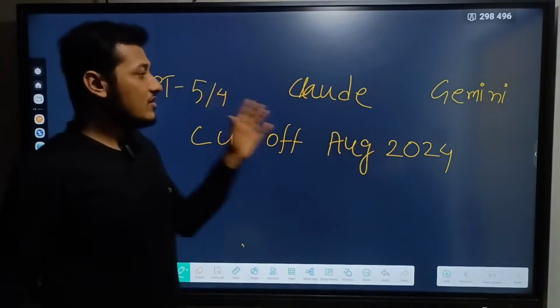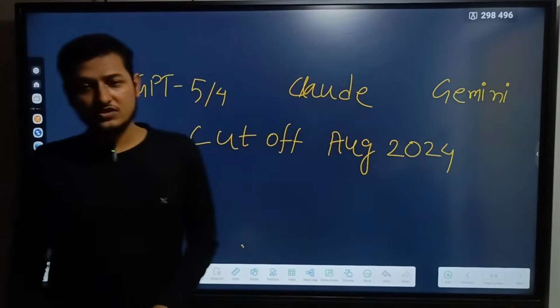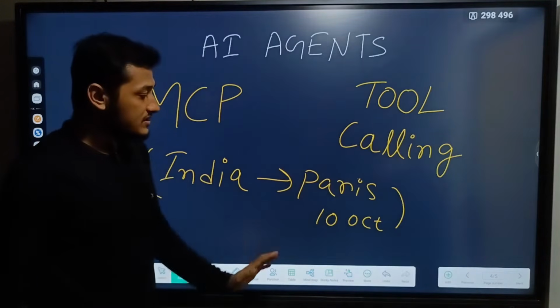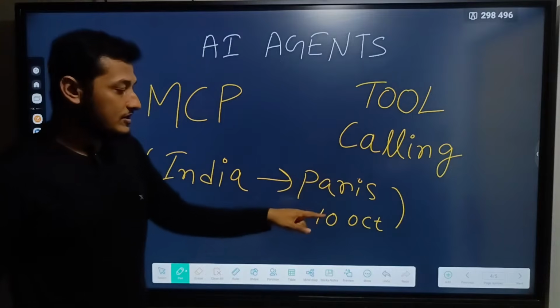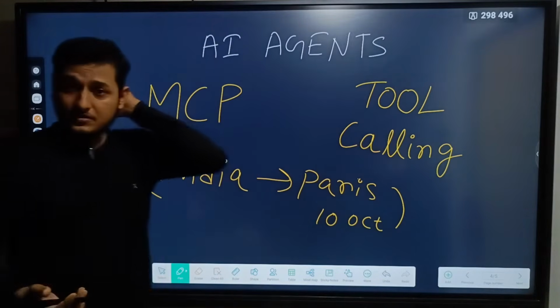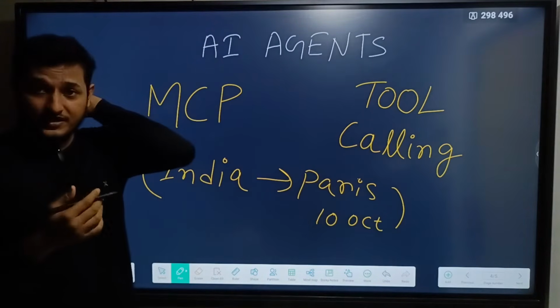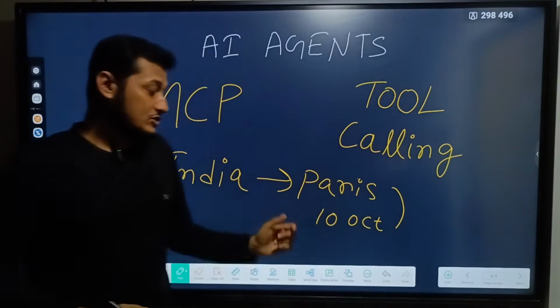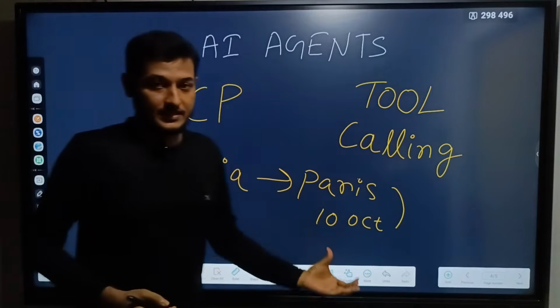Now these models don't have current information. If you ask them what the weather is today, or to book a flight on 10 October, where today, the date I am making the video, is 28 September, I am asking for a future date.